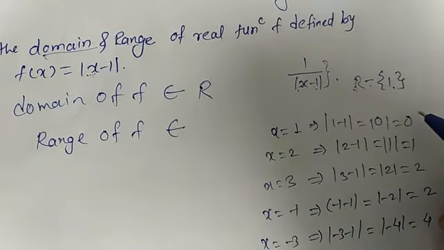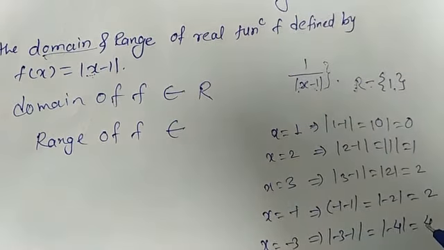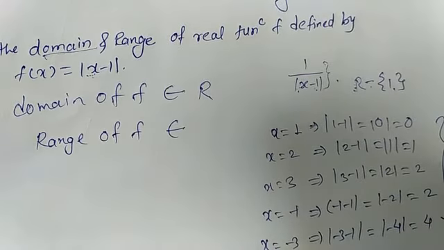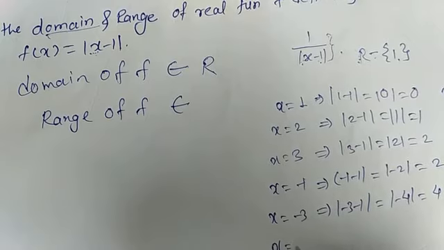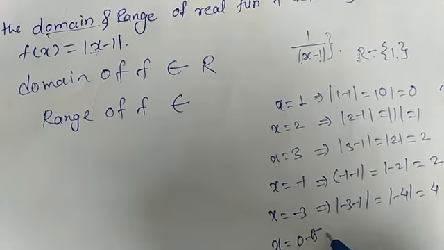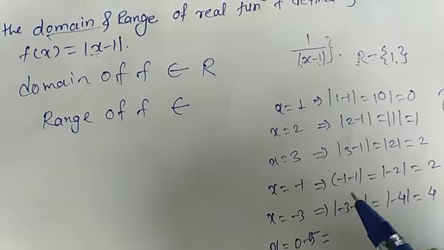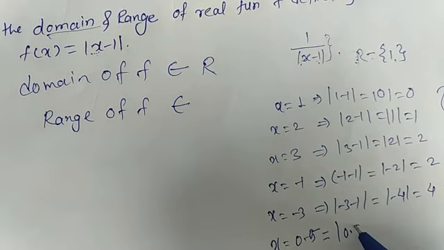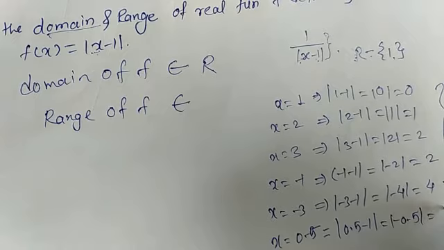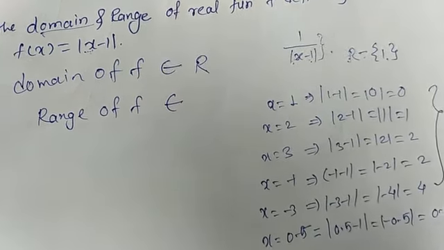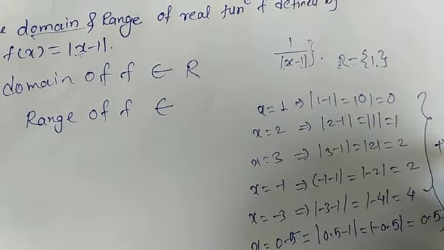Okay, if we see, the function values f of x are all positive, okay, for any point number, for x equal to 0.5, it is 0.5 minus 1, which is equal to minus 0.5. So it will be again 0.5 only, positive, which is a real number.